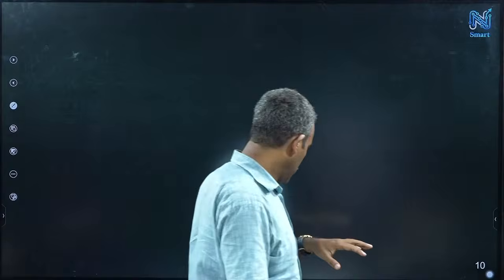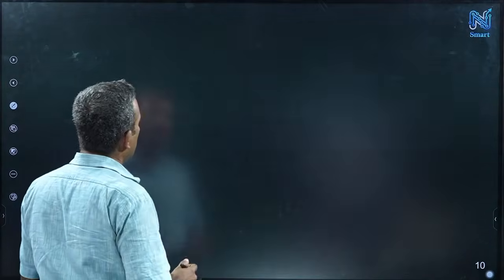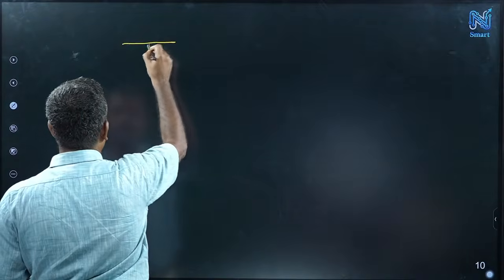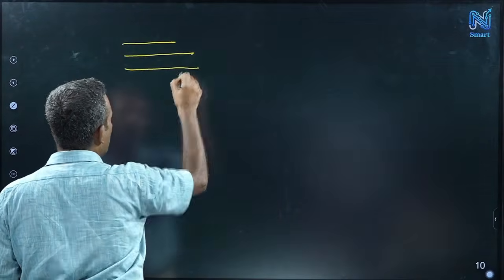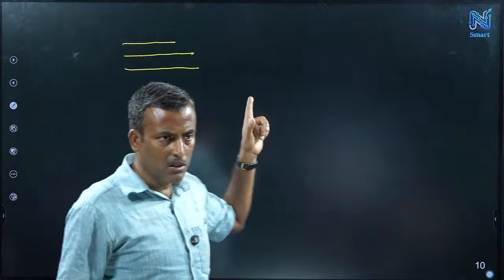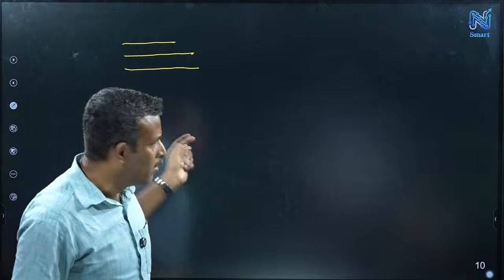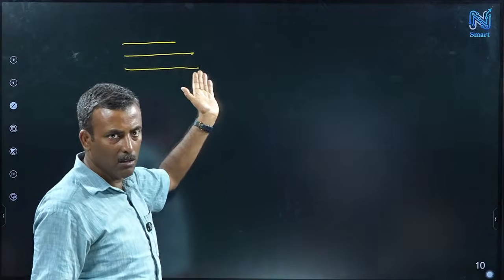Now I will show some other constructions. So we know if 3 line segments are given, we know how to construct the triangle. That we already know. Draw the line segment, then.